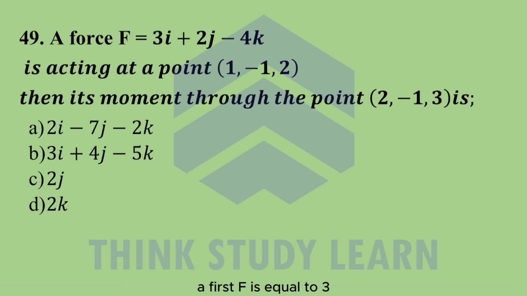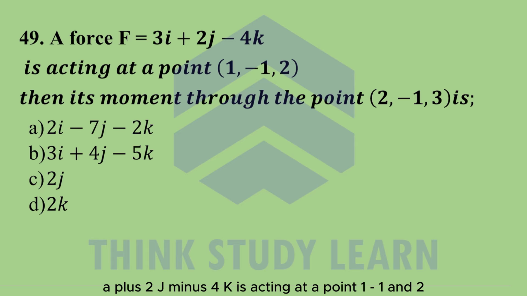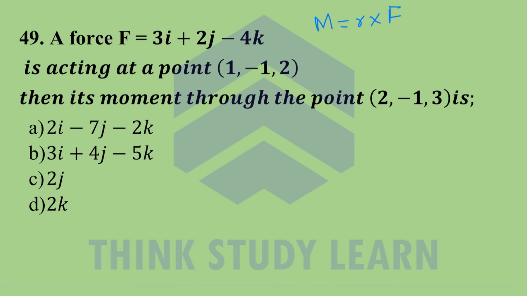A force F is equal to 3i plus 2j minus 4k is acting at the point (1, minus 1, 2), then find its moment about the point (2, minus 1, 3). So we know that the moment is equal to r cross F. So first we will find this position vector r.